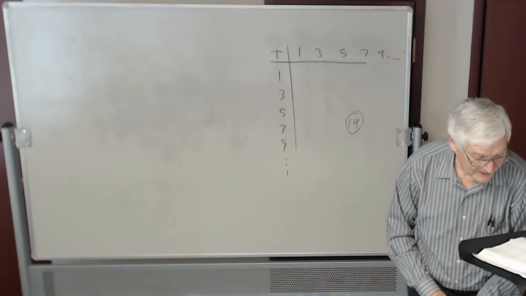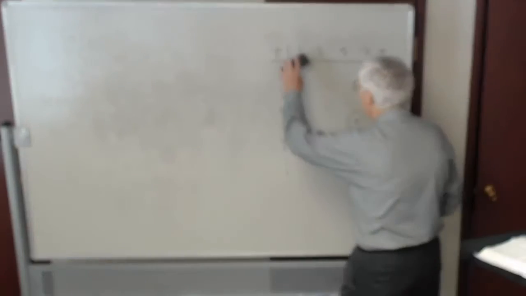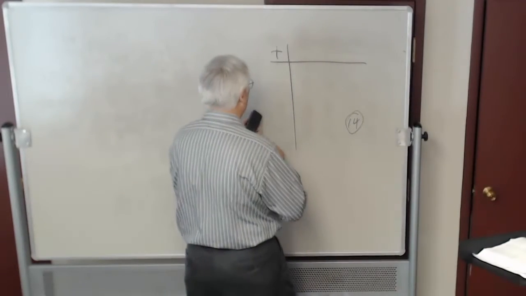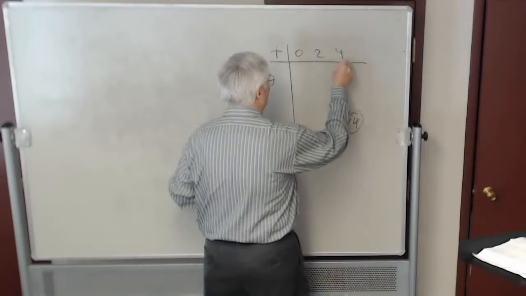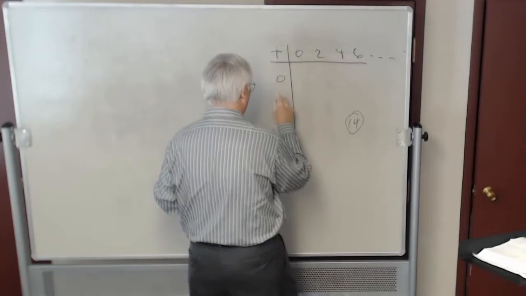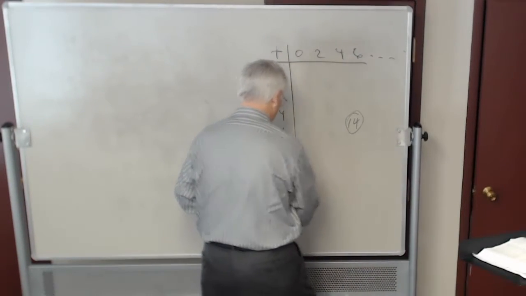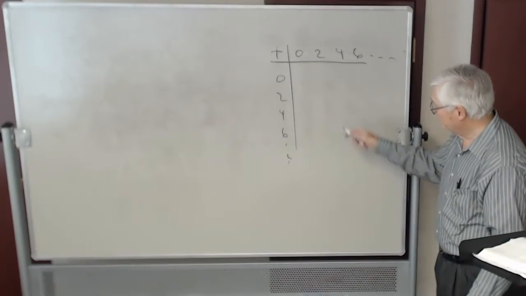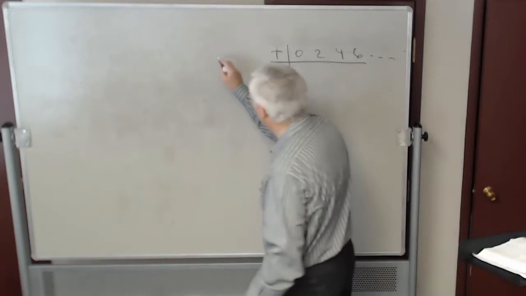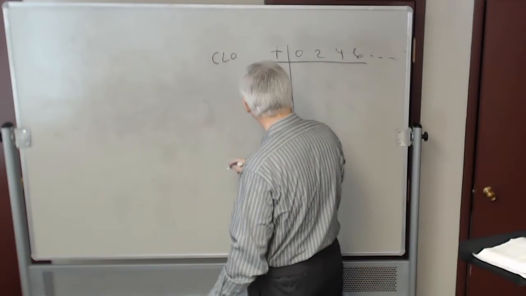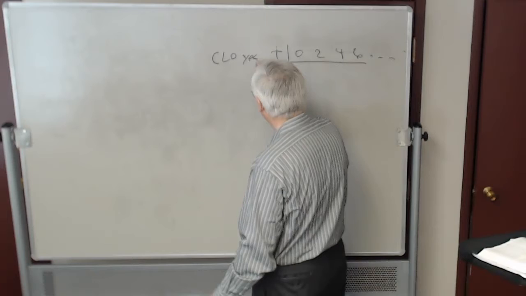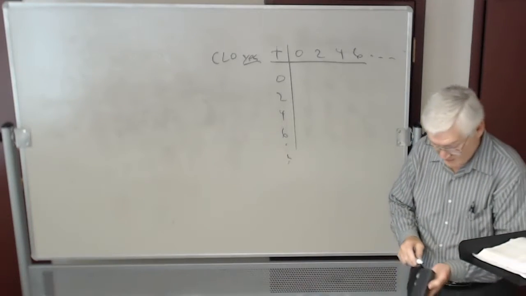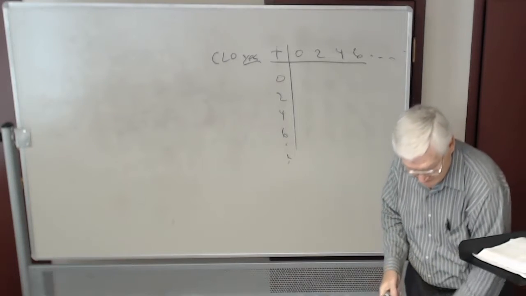Number 40, the even integers. So now I just changed it to 0, 2, 4, 6, and addition. Does it have closure? Yes, it does, doesn't it? I mean, you add two even integers, you're always going to get an even integer.